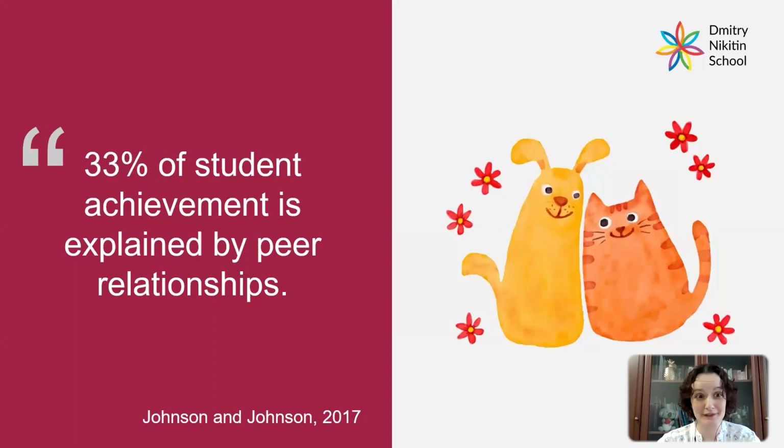This is massive. What this means for us as teachers is that we need to focus not only on the rapport that we as teachers have with our learners, but very much on the rapport that our learners have with one another, because that is going to predict their success.